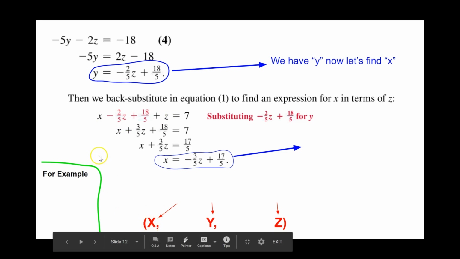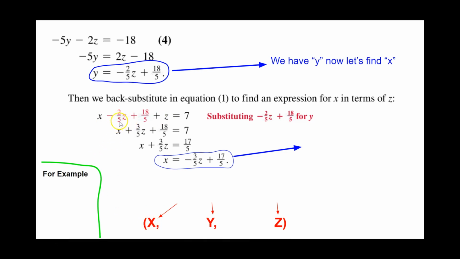because I want to plug it in for this x as my final answer. So if I do that, I combine like terms: negative 2 over 5 plus this understood 1 here creates a 3 over 5. And you can put this in your calculator. Make sure you put parentheses around it. And then we're going to take the 18 over 5, move it over here because they're both numbers, and subtract it, and I get 17 over 5.